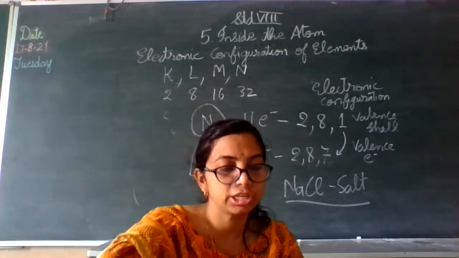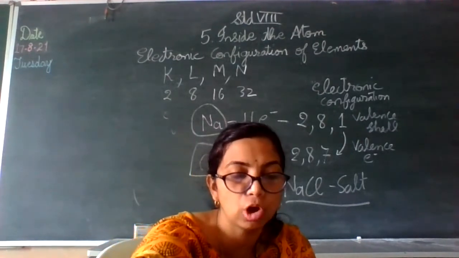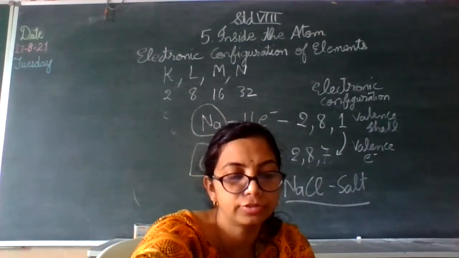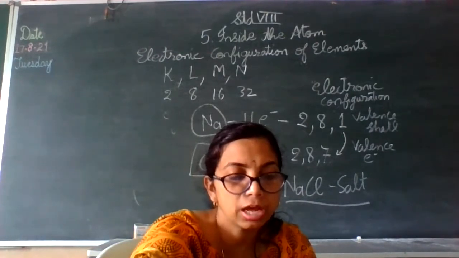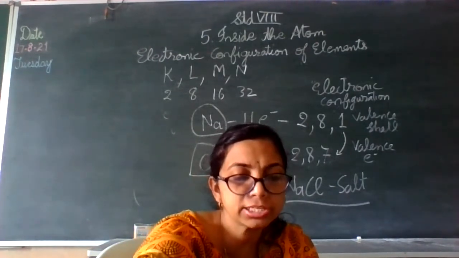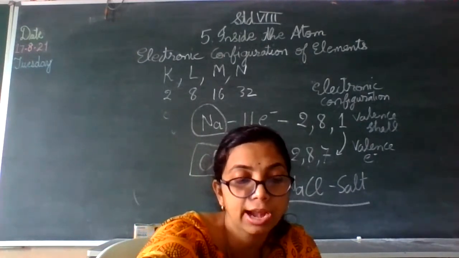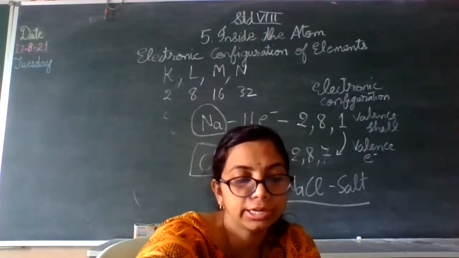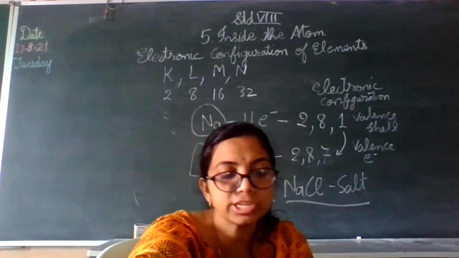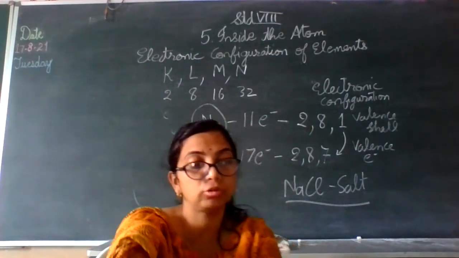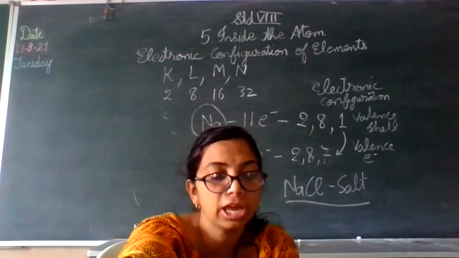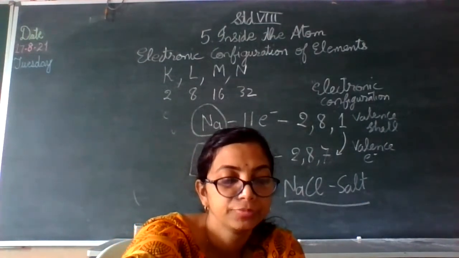Electronic configuration is directly related to the valency of that element. Now, elements having different numbers of electrons in their outermost shell will decide how many electrons they can give away or take in.